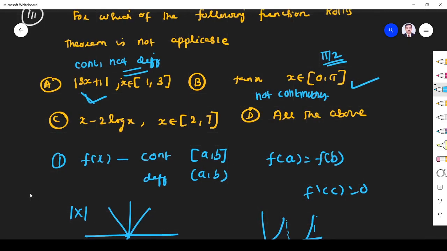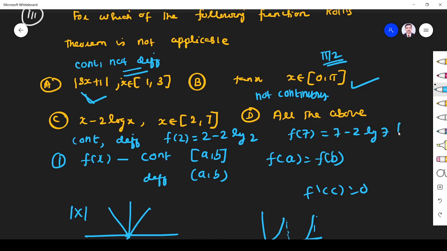Okay, the third one, this is continuous, it's a polynomial, so surely it is continuous, right? Can I differentiate? Yes, if I differentiate, 1 minus 2 by x, so it is differentiable also. But what is f of a? f of 2 is 2 minus 2 log 2. f of 7 is 7 minus 2 log 7.